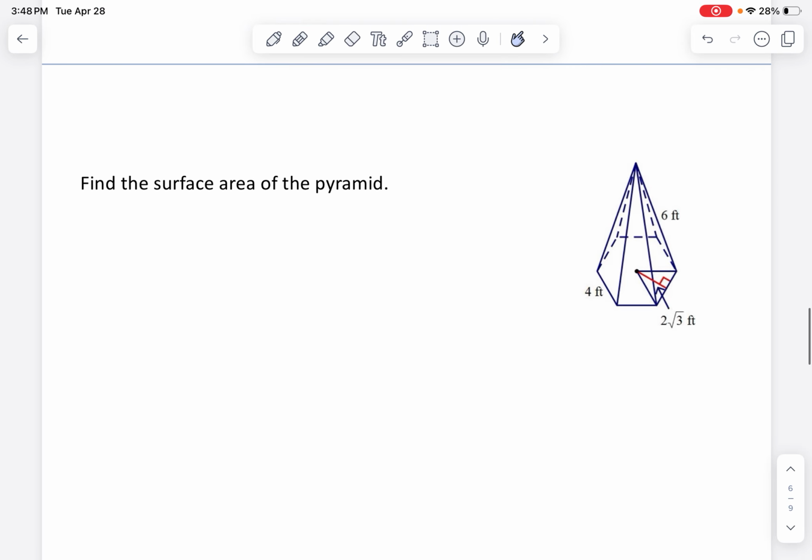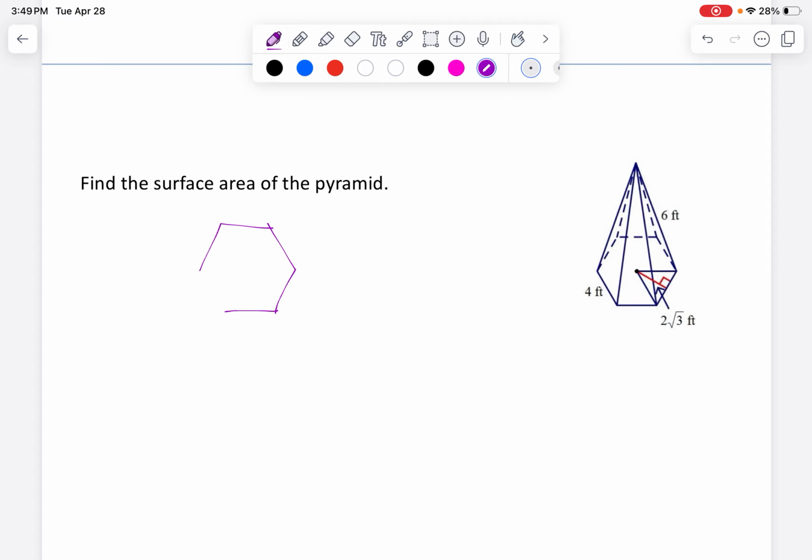Sometimes the base is a little bit more complicated to find, but ultimately the process is the same. In this case, we have a hexagonal pyramid because the base is a hexagon. Let's go ahead and draw that out, sort of.